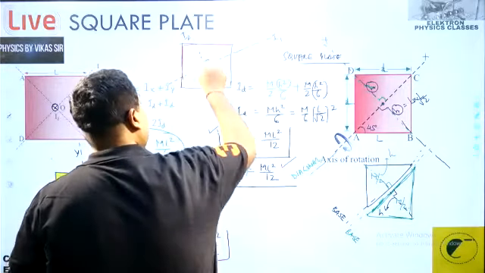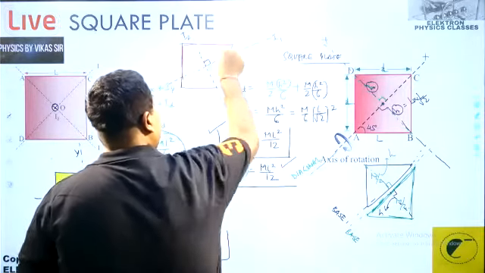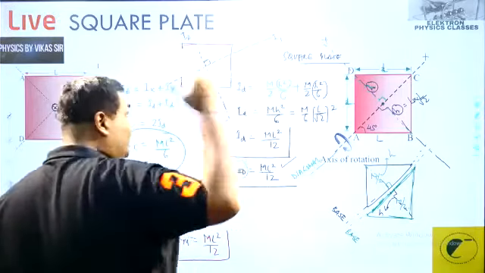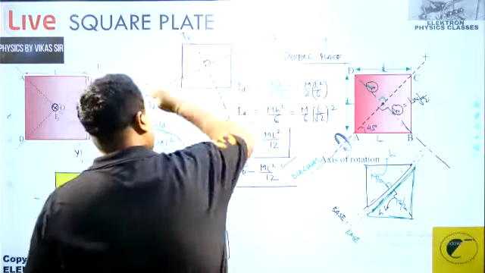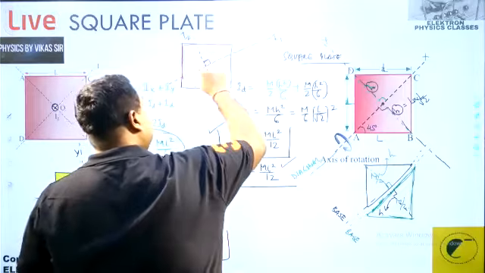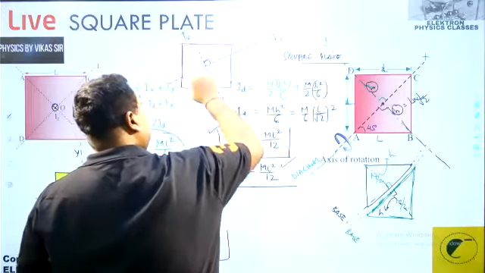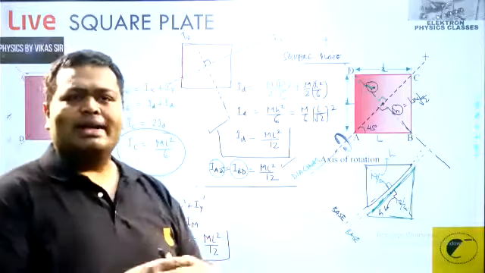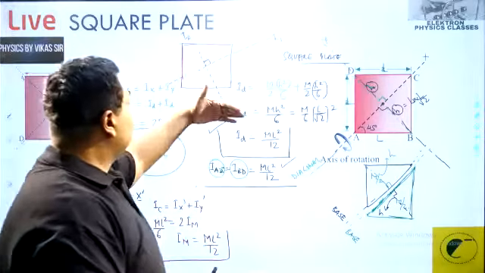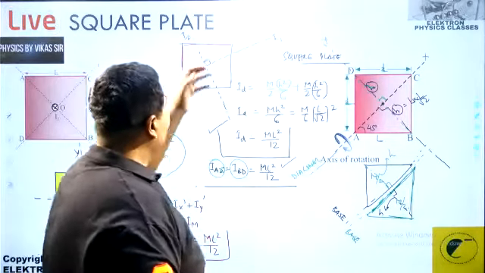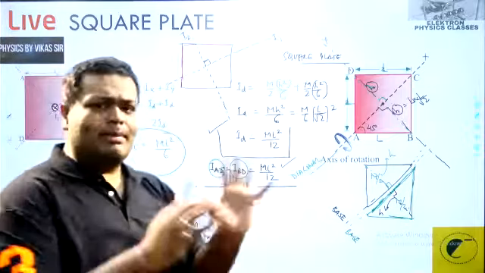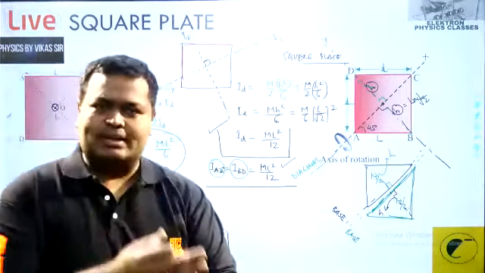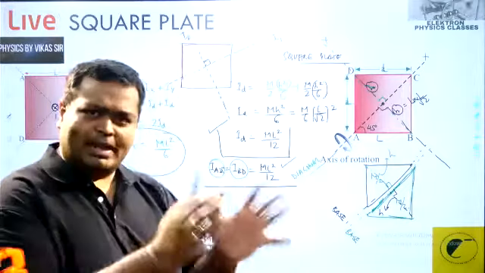If you see that this portion and this portion have equal areas, correct? And further, pay attention, this portion and this portion have identical areas. That means whatever the moment of inertia about I1 is, it is going to be the same about I2. These are two random axes but with a conditional behavior: both of them are mutually perpendicular, and both of them lie in the same plane.